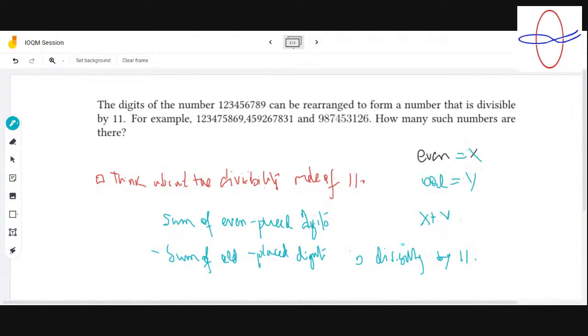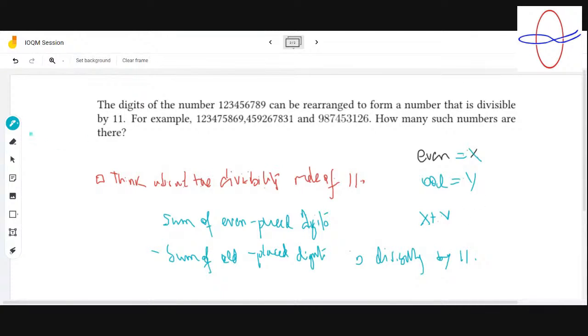Let's try to understand what x plus y can be. x plus y is equal to 45.